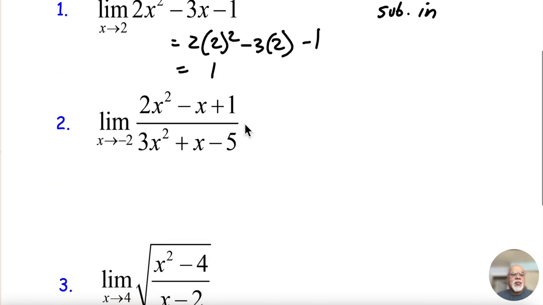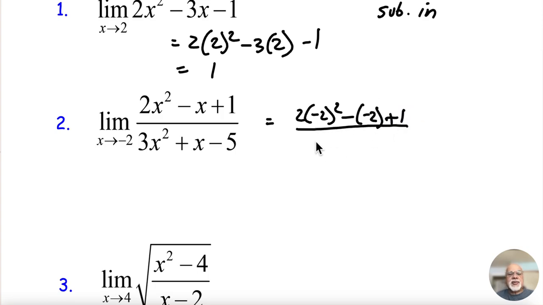In the second example, if I put negative 2 in there, i.e. substituted, always check and see if it works or not. And so this would become 2 times negative 2 squared minus negative 2 plus 1 all over 3 times negative 2 squared minus 2 minus 5.